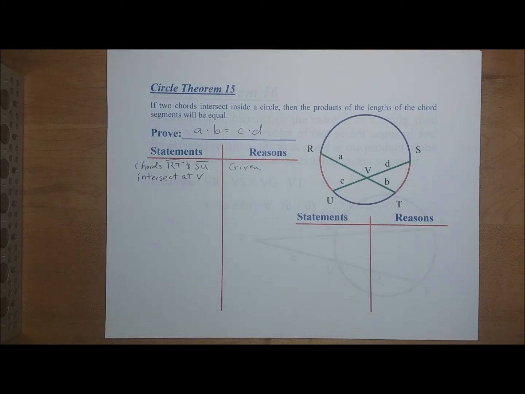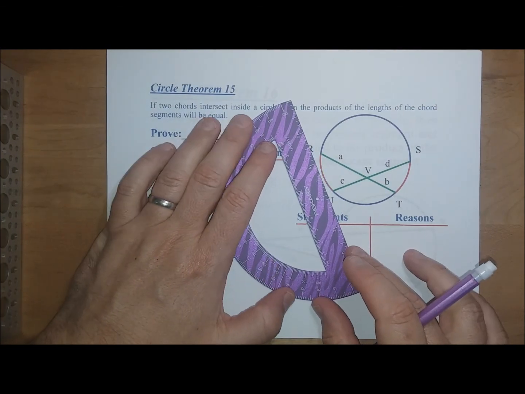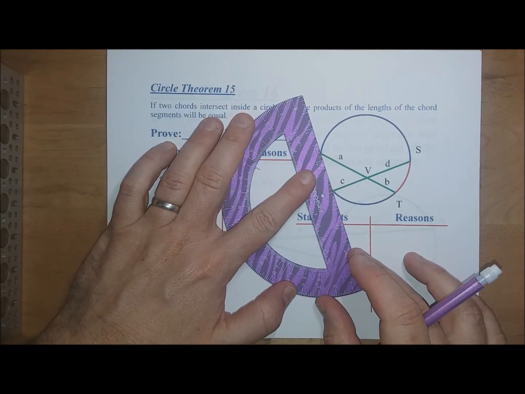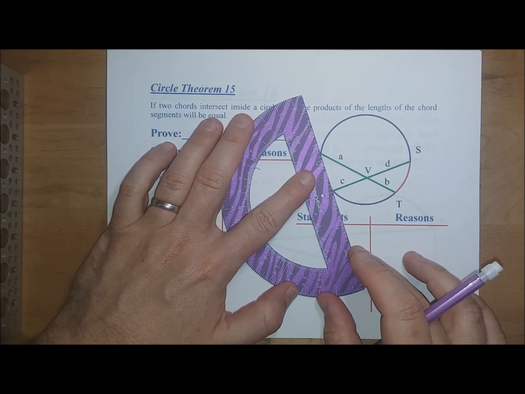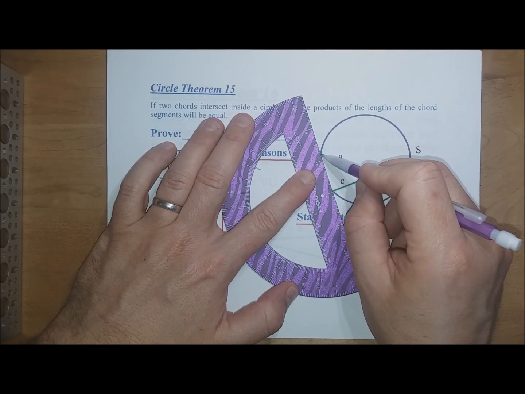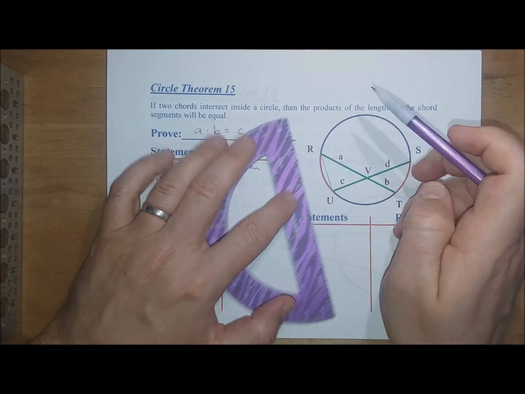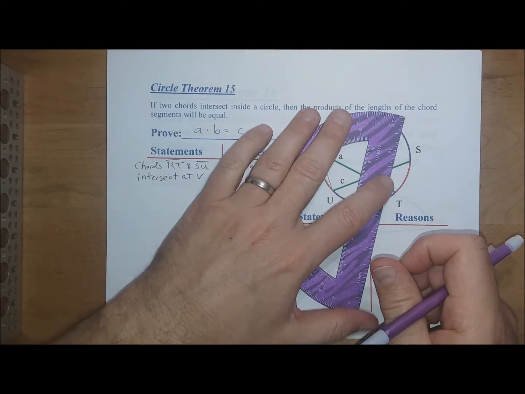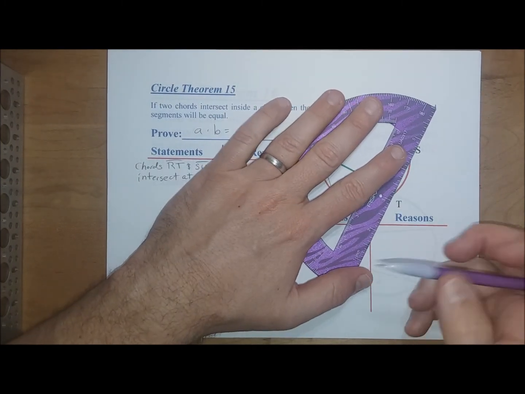All right, where's my straight edge? You guys know where I'm going with this. I am hankering to draw some auxiliary lines. I'm going to draw RU. And perhaps as I'm doing this, I should talk about why I'm doing this. I'm also going to draw this one while I'm at it.